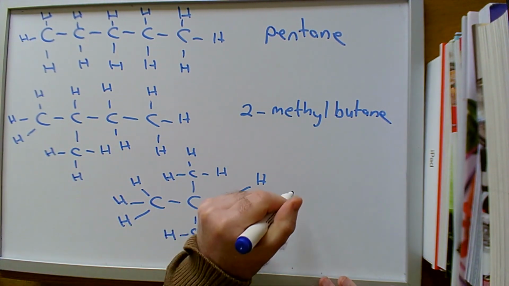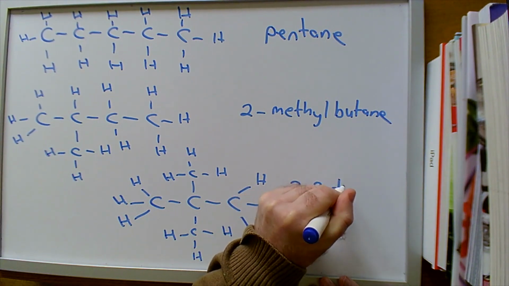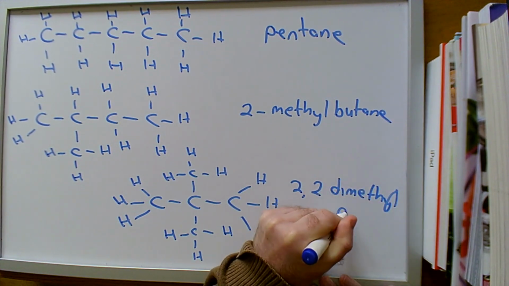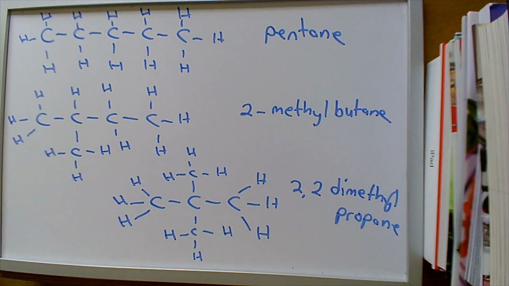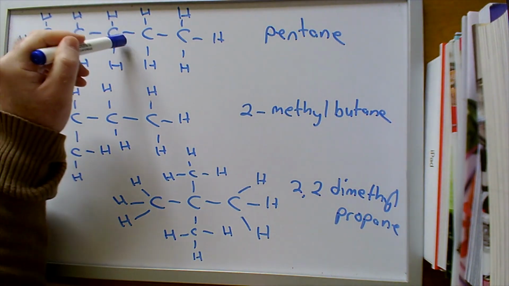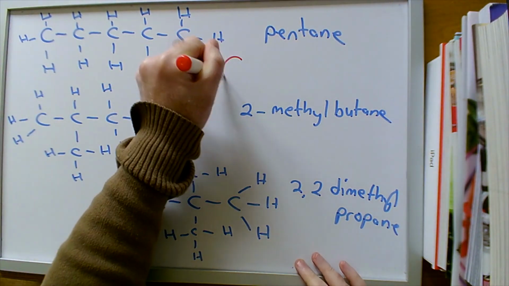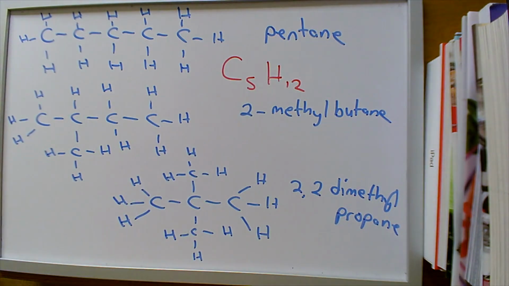So if I put them on the middle carbon, that would be called 2,2-dimethylpropane, because an alkane with 3 carbons in is propane. Now all 3 isomers have the same molecular formula, that is C5H12. They're chain isomers of each other because the carbon chain is different for each of them.